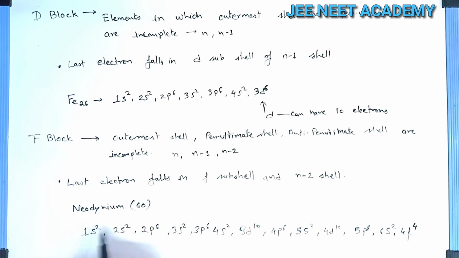Count it: 2, 2, 6, 10, 2, 6, 2, 10, 10, 30, then 40, 48, 50, 56, and 4, 60.